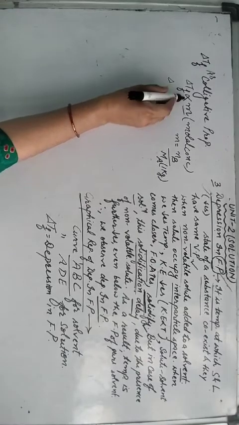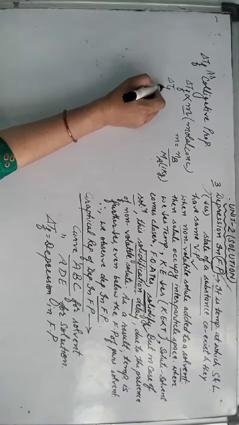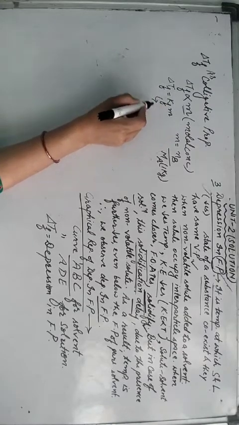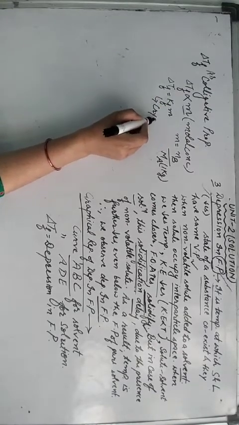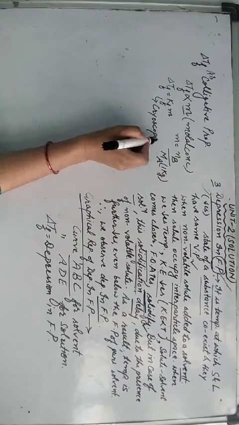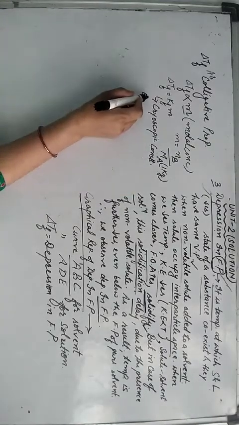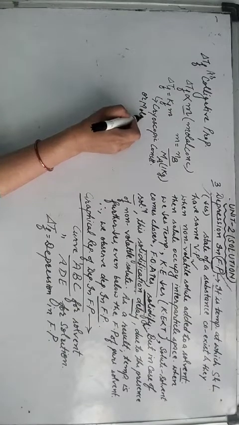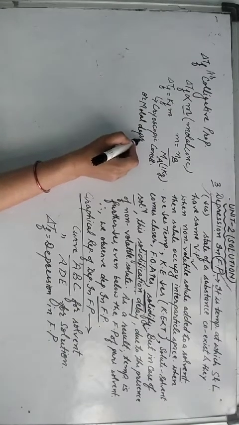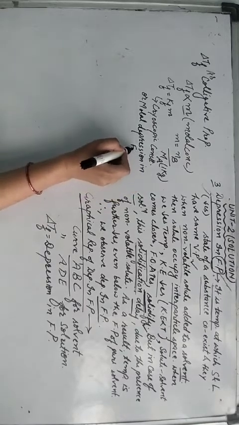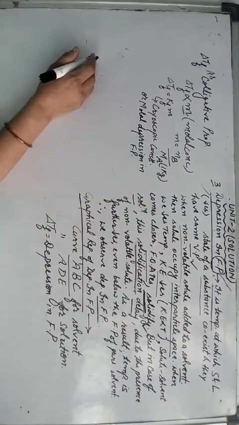Now replace the proportionality sign: delta TF is equal to Kf m. Here Kf is known as cryoscopic constant or molar depression in freezing point constant.